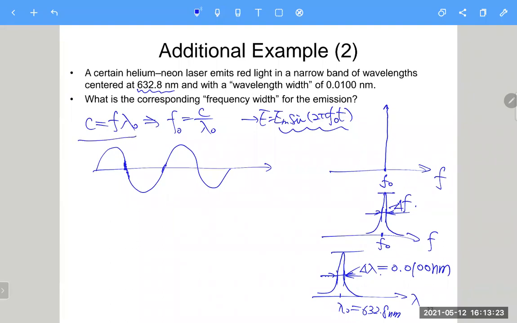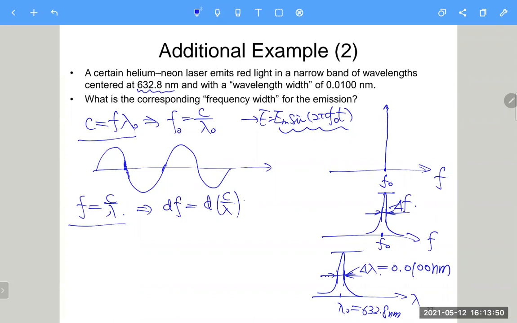We need to have this equation, or we can also rewrite it as f equals c over lambda. So we can take the differential, so it becomes df equals d of c over lambda.